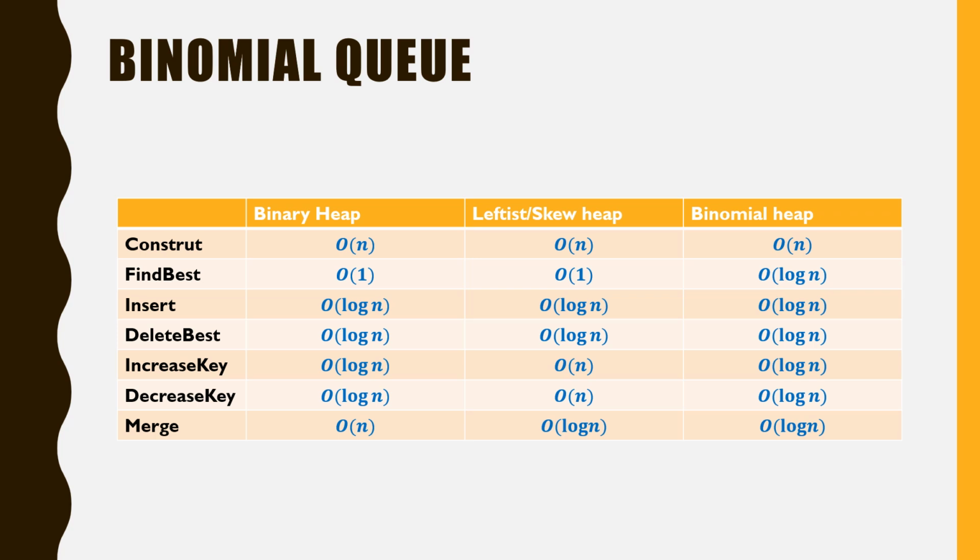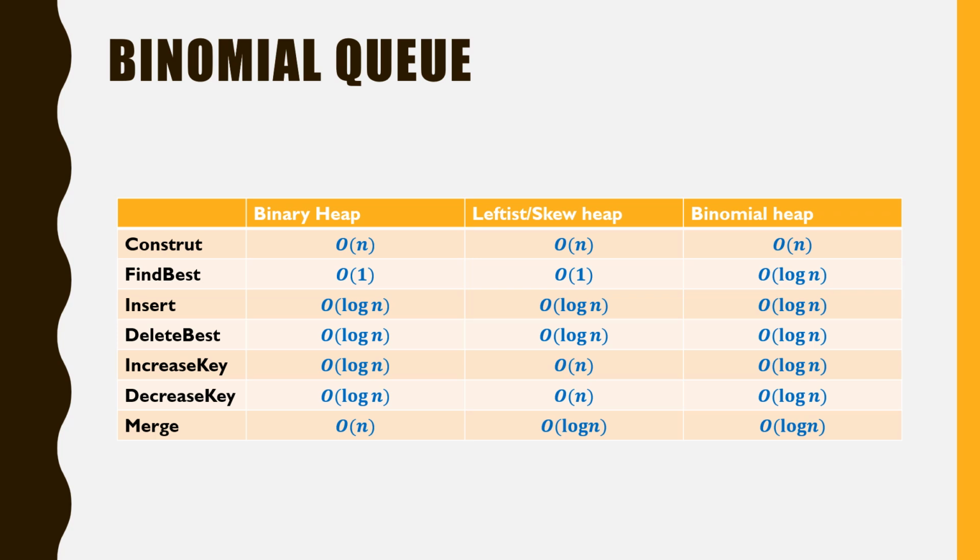To improve merge efficiency, we introduced the leftist heap and skew heap data structures. Compared to the regular binary heap, they reduce the time complexity for the merge operation to O(log n), but increase the increase key and decrease key operations to O(n) time.